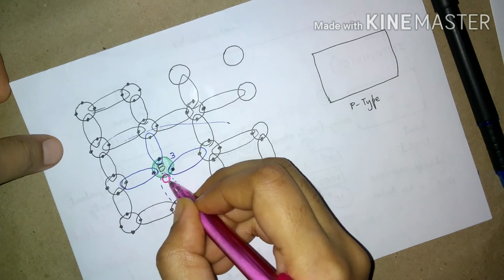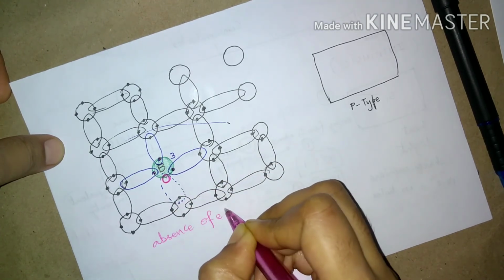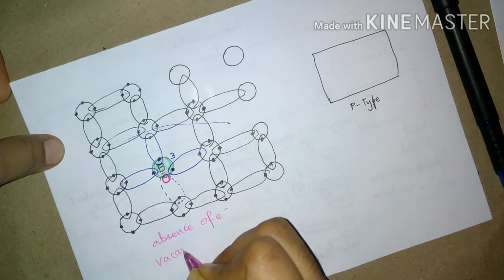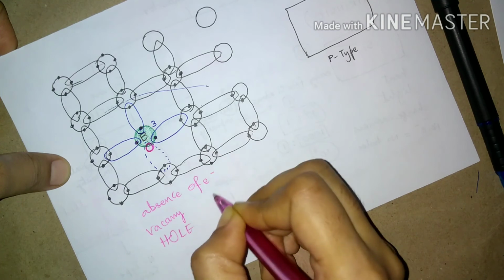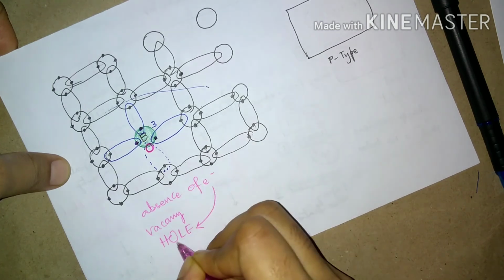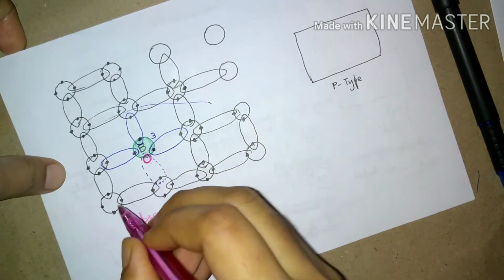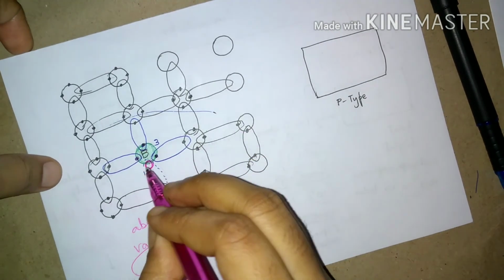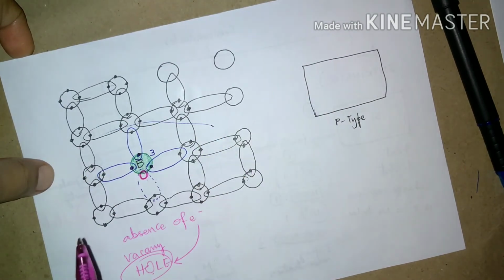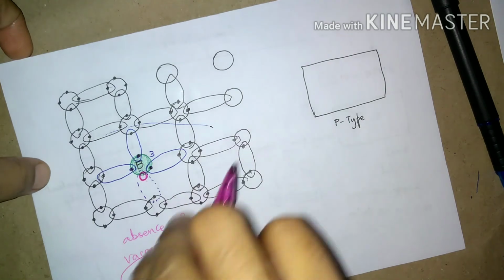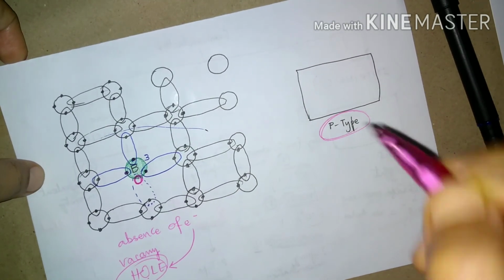So absence of an electron, or a vacancy into which an electron can go and fill in, is nothing but a hole. So this hole is getting created for every boron atom that I am adding into this particular piece of pure silicon. That is known as doping, and this makes a p-type semiconductor.